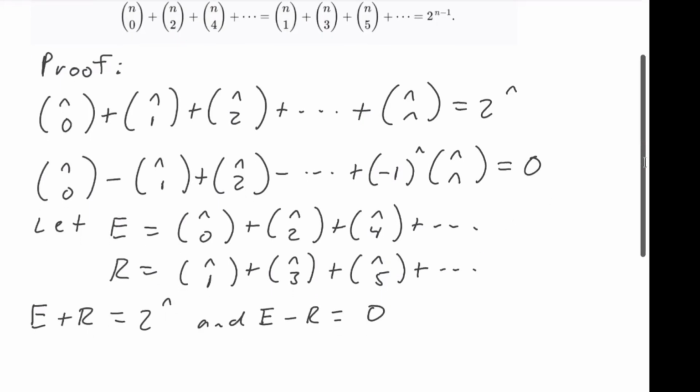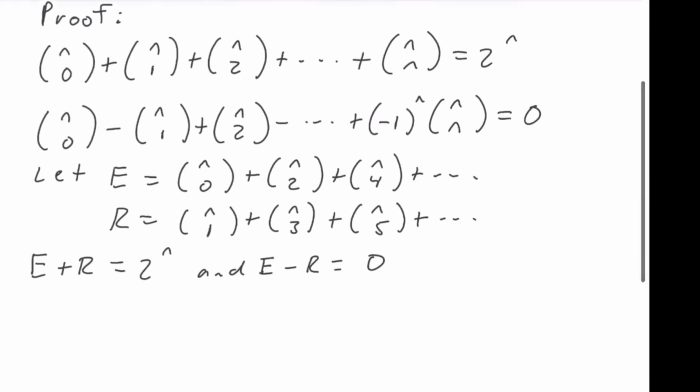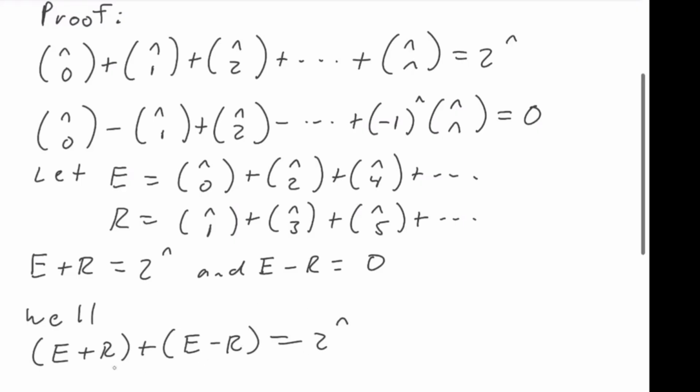So now let's look at e plus r plus e minus r. So e plus r is 2 to the n, and e minus r is 0.